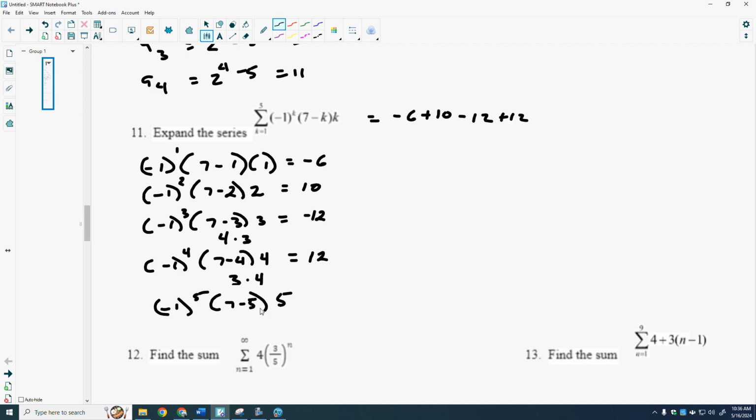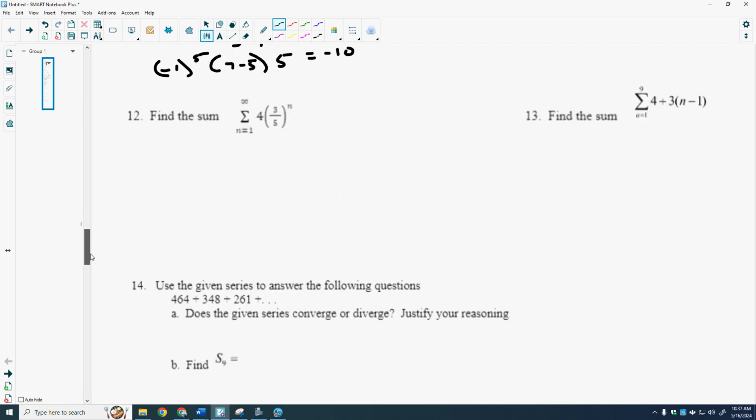This becomes 2 times 5, which is 10, times a -1, which is -10. Expand the series. Done. I went one more step and evaluated it. This and this cancel. This and this cancel. Evaluating it would be -6, but they asked me to expand, so that's my answer.